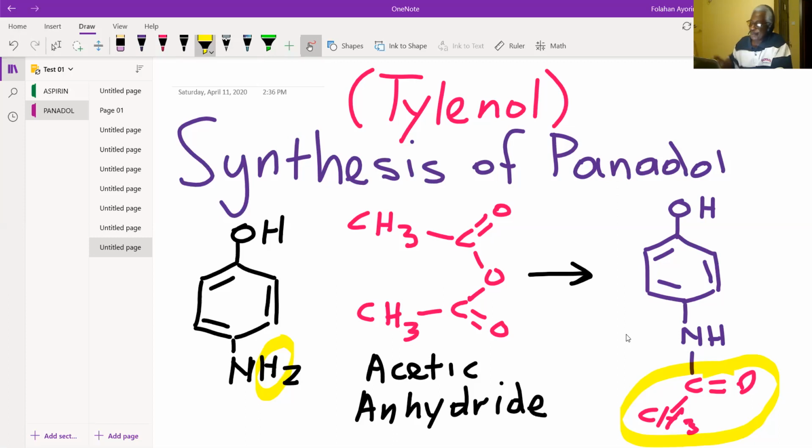And that group comes from here, from acetic anhydride right here.